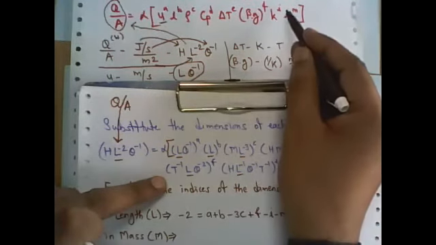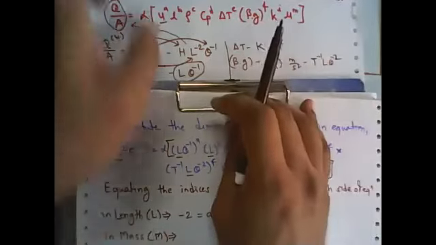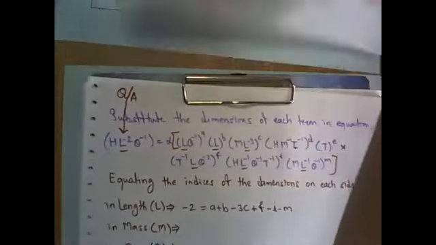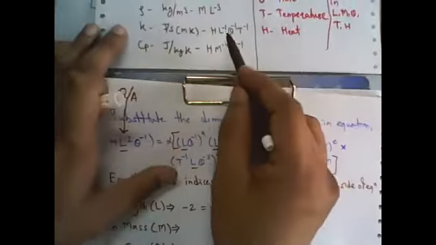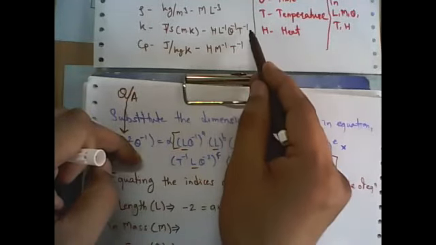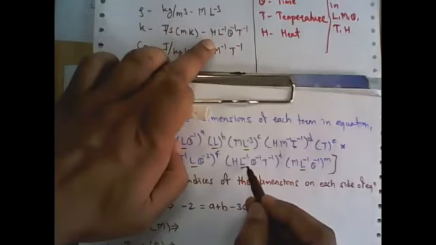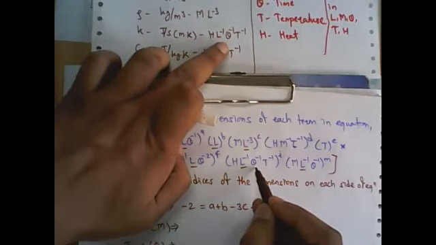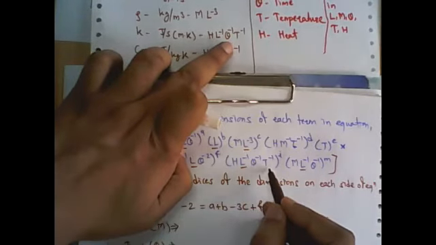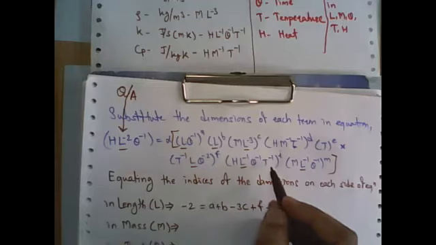Then k raised to i. So that is k, thermal conductivity. Now it is H L raised to minus 1, theta raised to minus 1 and temperature raised to minus 1. So this is k, H L raised to minus 1, theta raised to minus 1, temperature raised to minus 1, bracket raised to i. Then in the equation, the last term is mu raised to m.